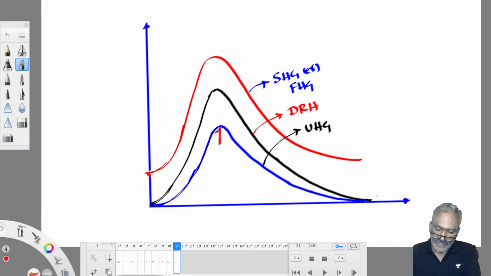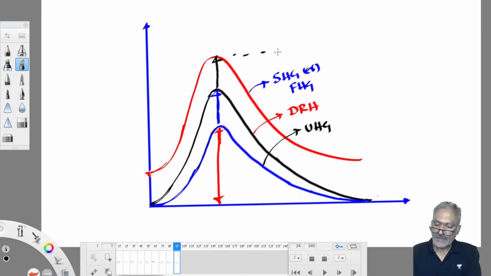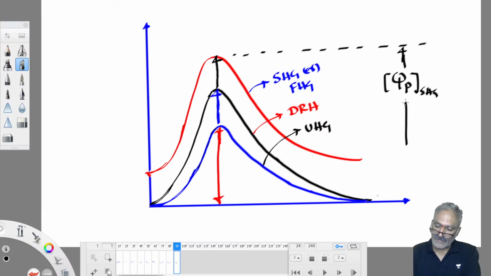Where the peak of the unit hydrograph is, somewhere here, there only you can find the peak of the direct runoff hydrograph. There only you will find the peak of the storm hydrograph or flood hydrograph. So, finding peaks. This is the peak coordinate of the storm hydrograph or flood hydrograph.